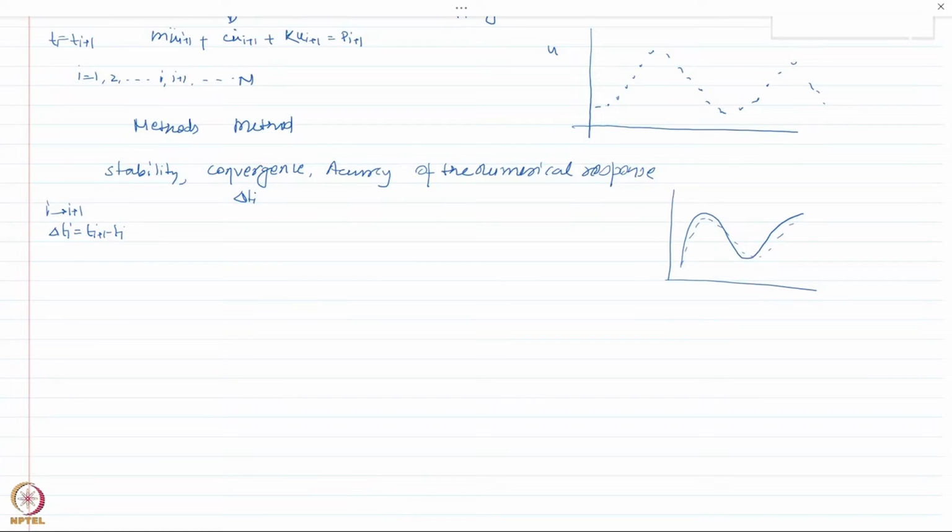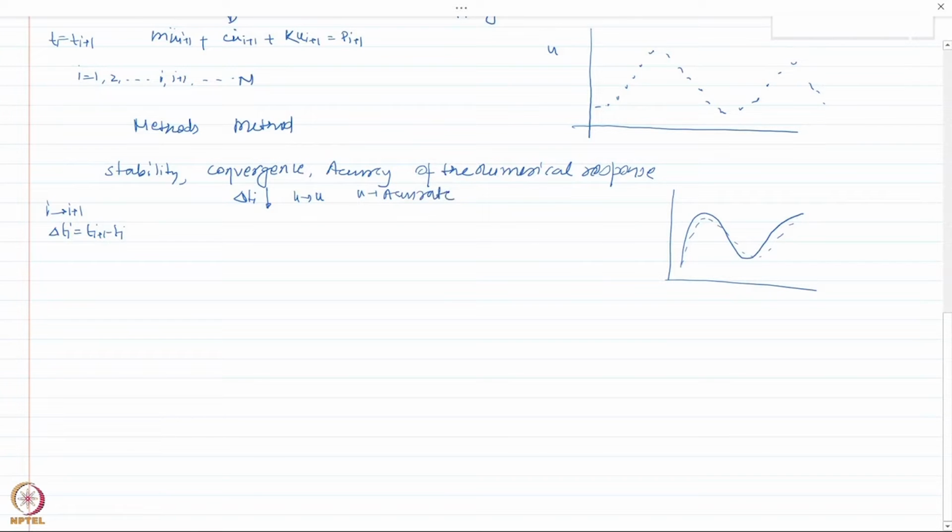For example, if I decrease my time step, my solution u should move towards a fixed value, which might or might not be an accurate value, but it should at least be converging towards that value. And that's why we have accuracy. If the value it is converging to is equal to the analytical solution, the exact value, then we say that my solution is accurate.